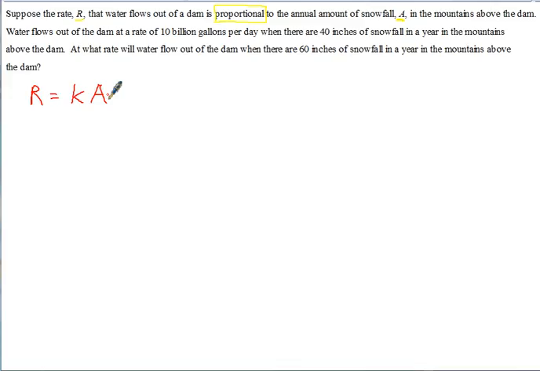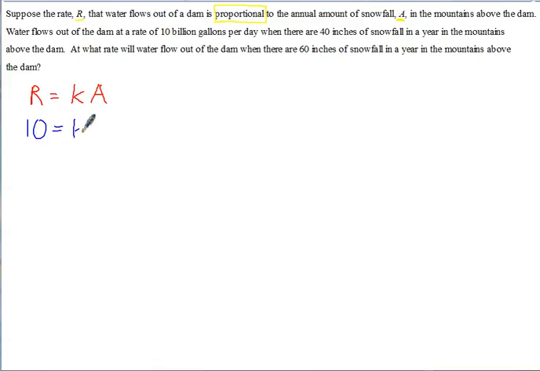Then it says water flows out of the dam at a rate of 10 billion gallons per day when there are 40 inches of snowfall in a year in the mountains above the dam. So let's put that information in. So we know R is 10 billion gallons per day. You can either write 10 billion here, or you can just write 10 and remember it's in billions of gallons per day as the units.